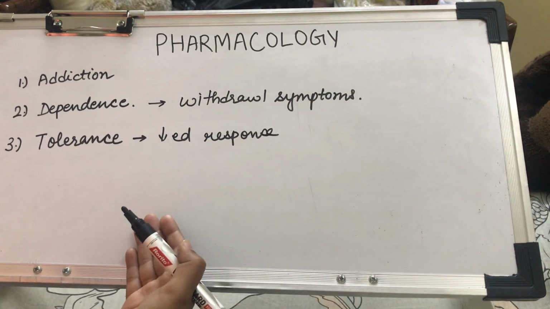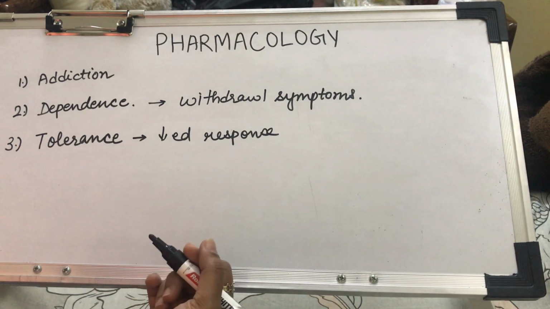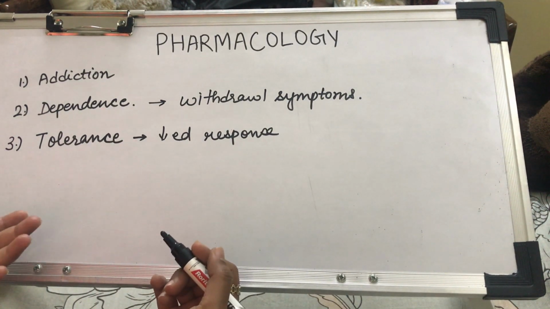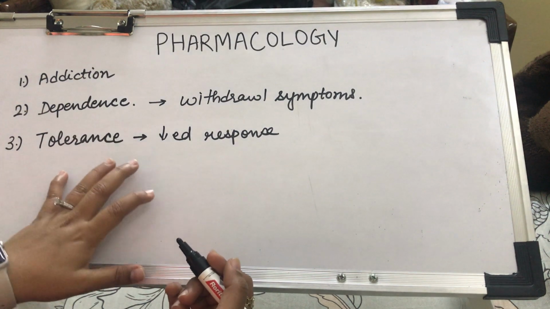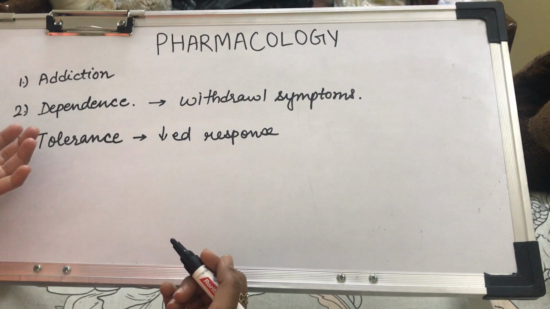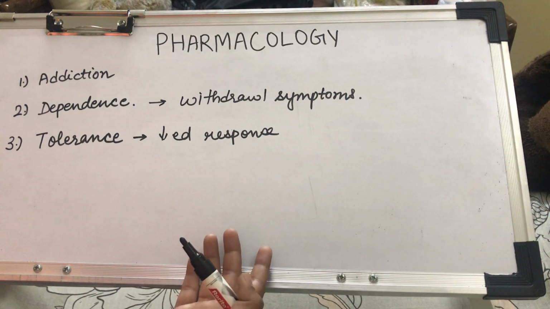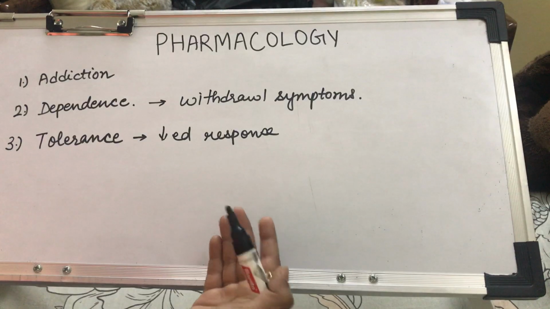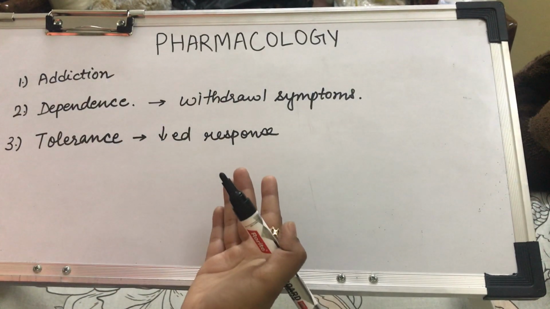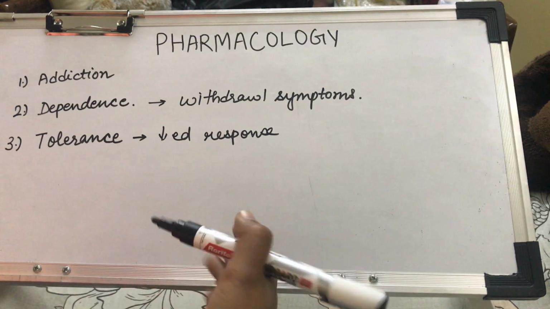For example, patients of chronic pain develop tolerance against analgesics. They become used to that particular dose of that analgesic, so that now that dose is not relieving them of pain. So in order to overcome tolerance, they have to increase their dose so as to relieve their body from pain.